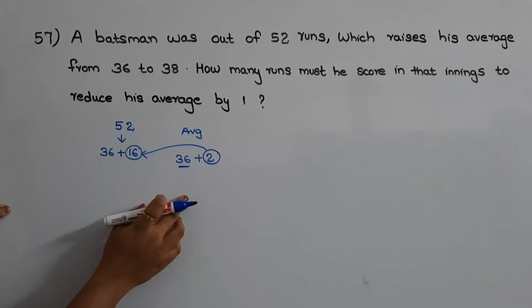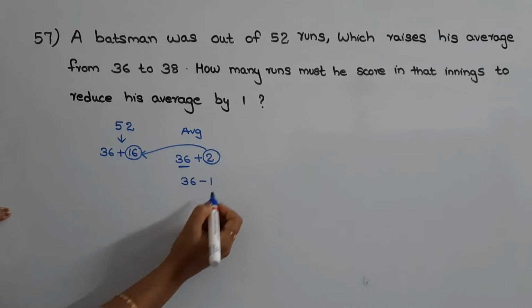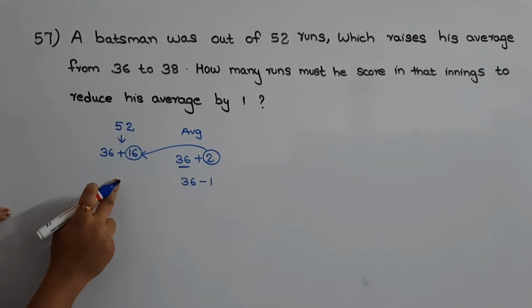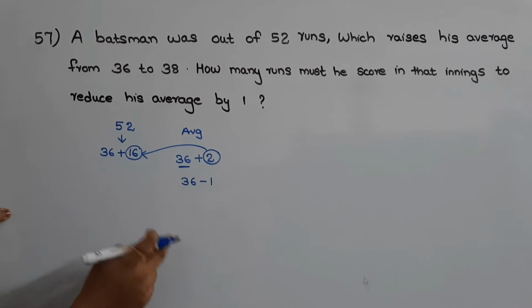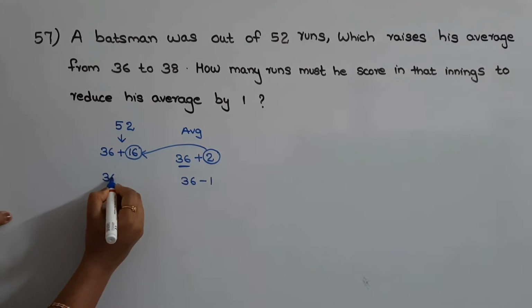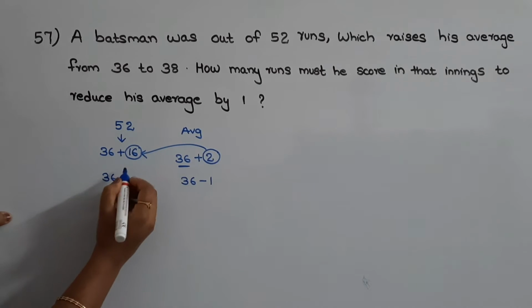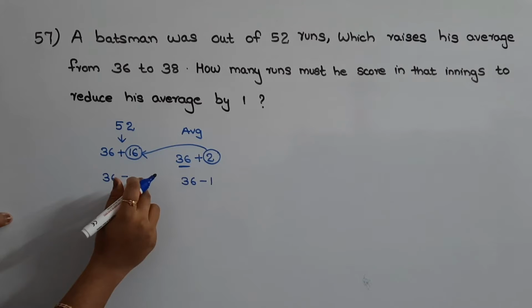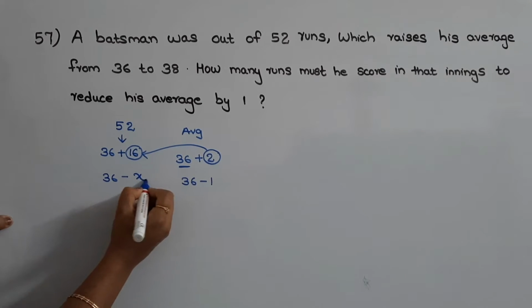Okay. So in the second case they are telling that the average is reduced by 1. Then we need to find out the runs which he should score in the last innings. Okay. So if the average was 36, then he would have scored 36 runs in the last innings. But the average is 1 less than 36, which means he would have scored 36 minus some value. Okay. So let us take this value as x.